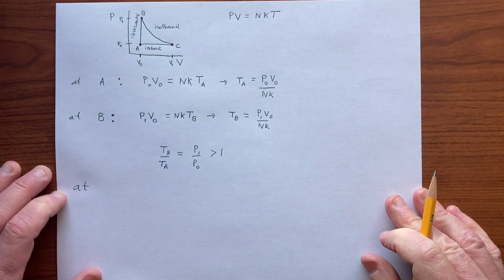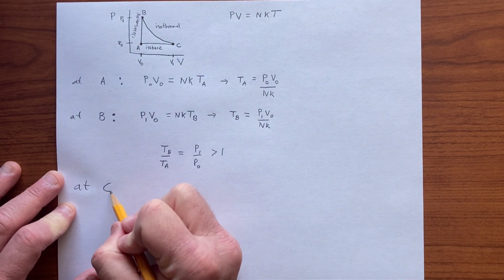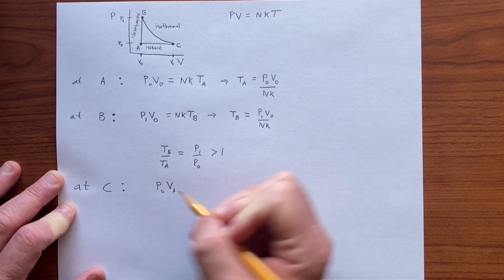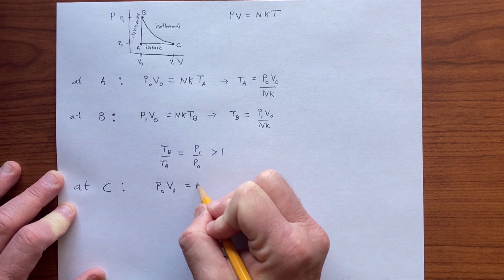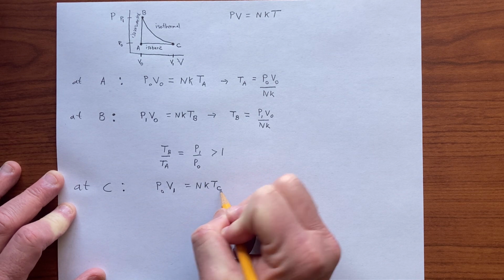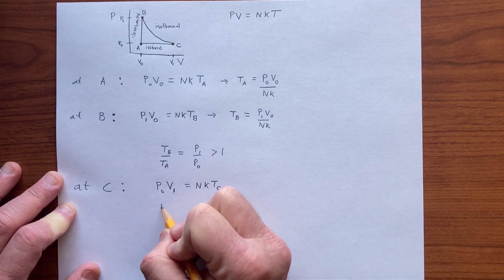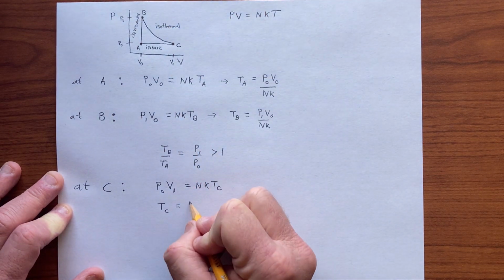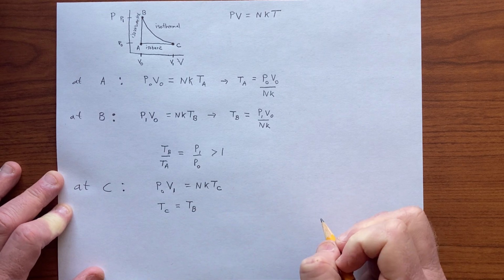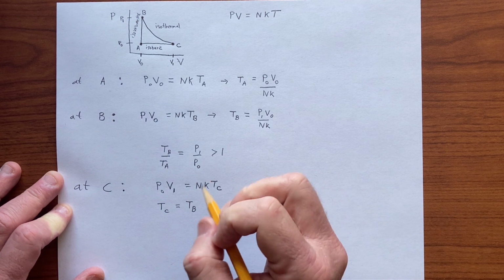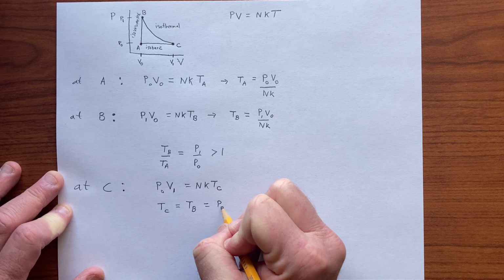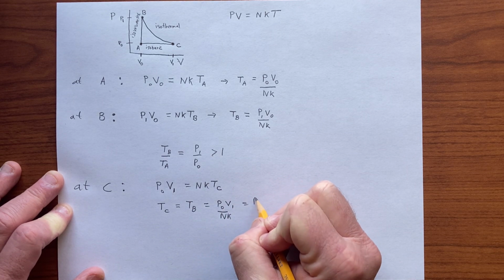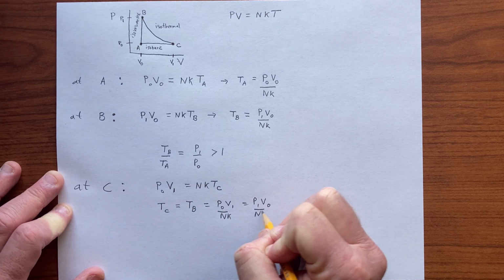At point C, we have P naught and V1 now, and that's NK TC by the ideal gas law. TC, which given the condition there is TB, which is P naught V1 over NK, which is P1 V naught over NK, right?